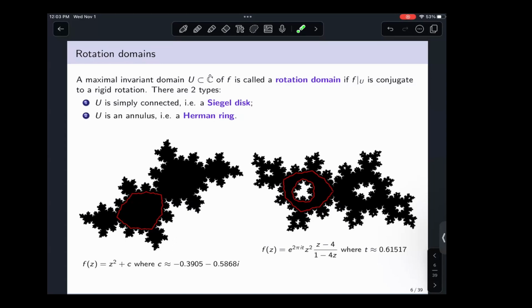You can probably notice that the formula that I have here is a Blaschke product, a cubic Blaschke product. And this expression alone, without the e to the whatever over here, actually tells me that I have an invariant unit circle. And in fact, this is a homeomorphism.